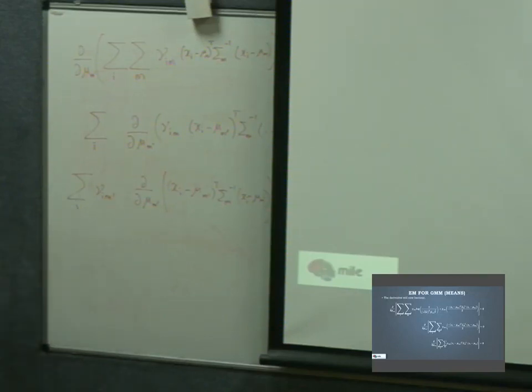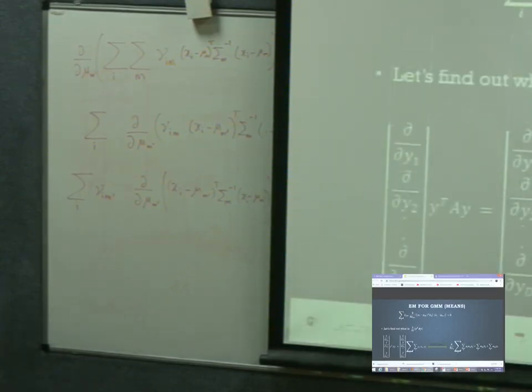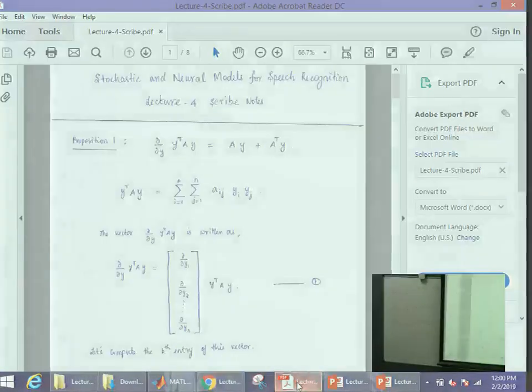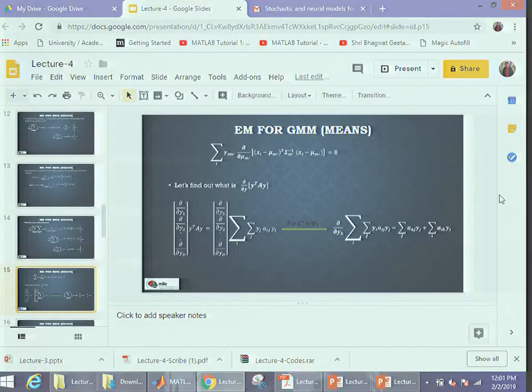I'll explain the trick here. This is a lecture scribe which I have created for this lecture, shared in this OneDrive link. You can see from this function that there is a vector xi minus mu m dash, transpose, some matrix, times some vector.